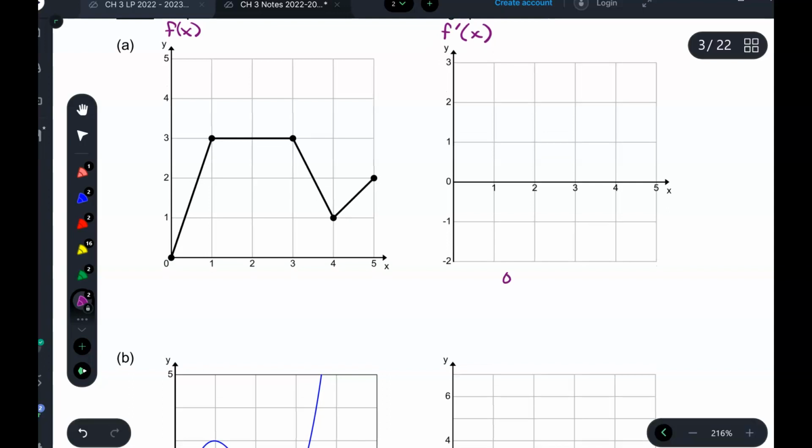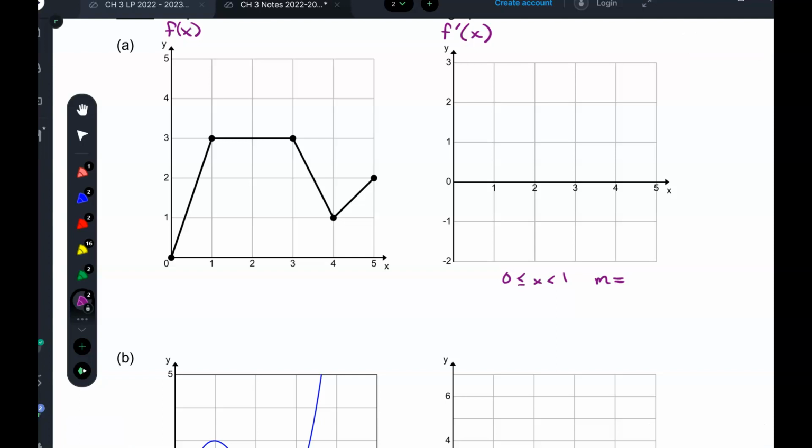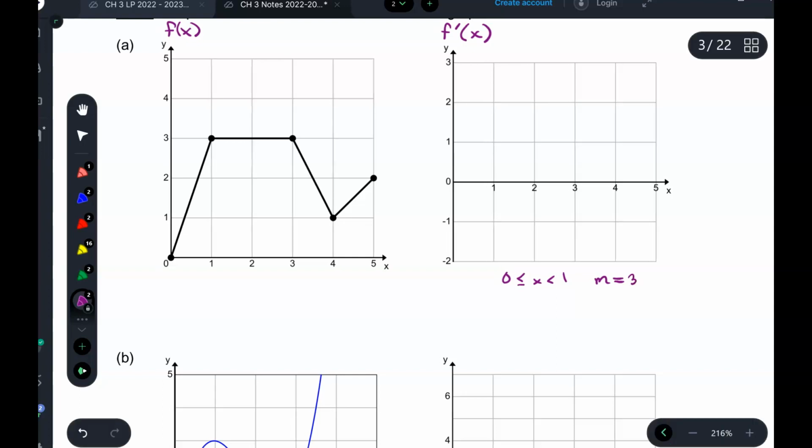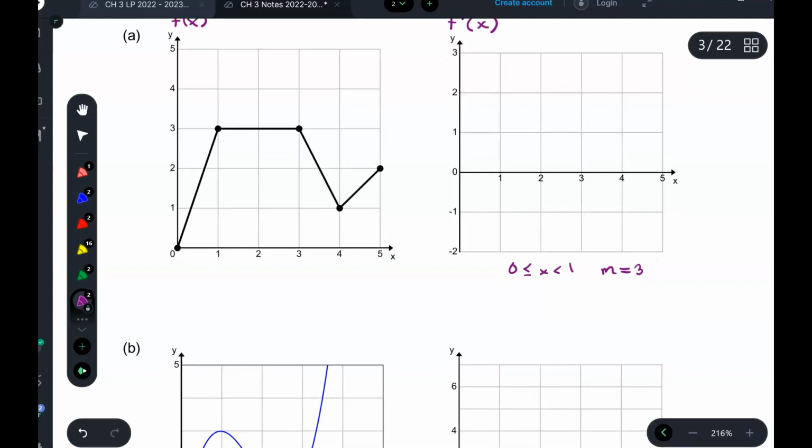We see from 0 to 1, what is the slope? Like literally, can we count rise over run? From 0 to 1, it looks like it goes up 1, 2, 3 over 1. So that has a slope of 3. And then from 1 to 3, and I'll explain why I included the 0 and not the 1 on the inequality in a minute. Here I'm not going to include it either way.